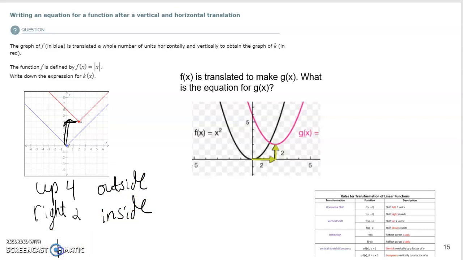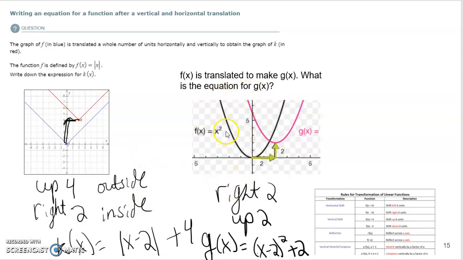So remember my k function, I have an absolute value. I'm doing up 4 outside. So if I look over here, up 4 means to add 4. Inside means I need to go right, means I need to subtract 2. So I want you guys to try this one on your own. That's going to be the end of this lesson.